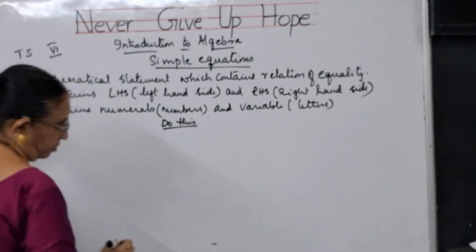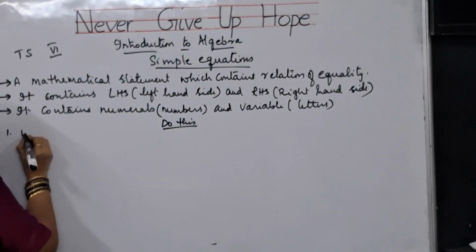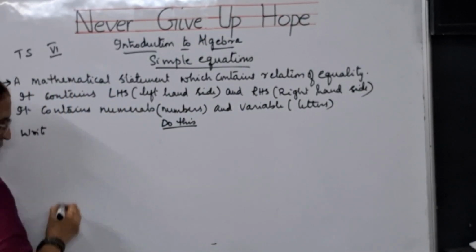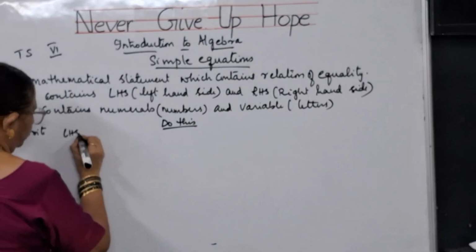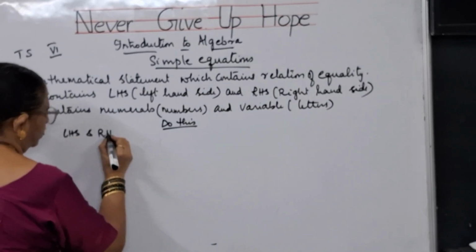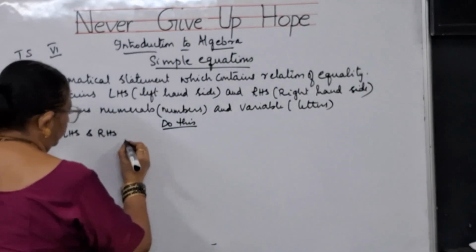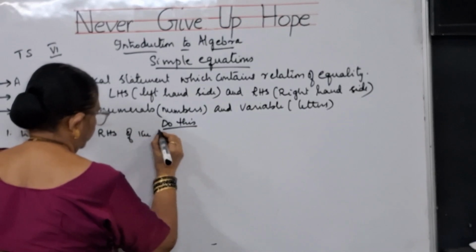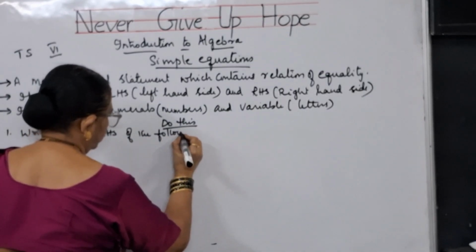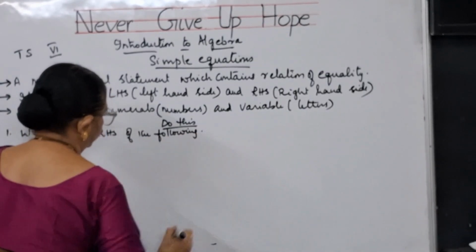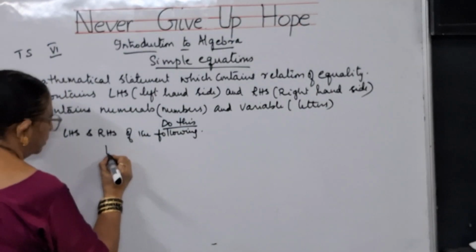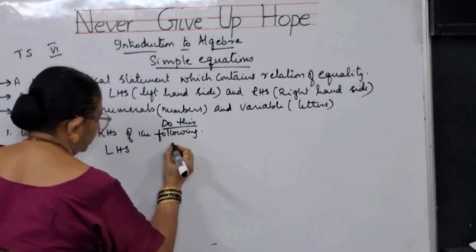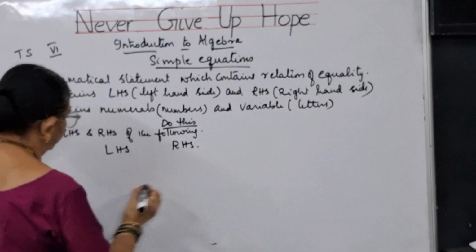What are these do this sums? First one, write LHS and RHS of the following. Certain simple equations are given. LHS and RHS you have to write. So let me write LHS here and RHS here.